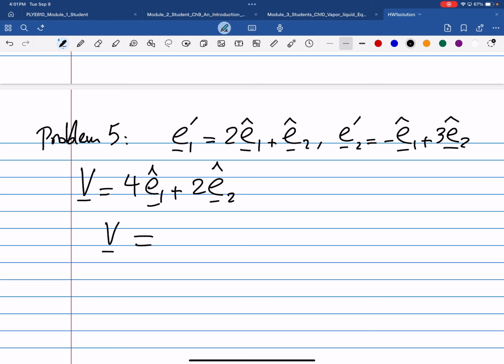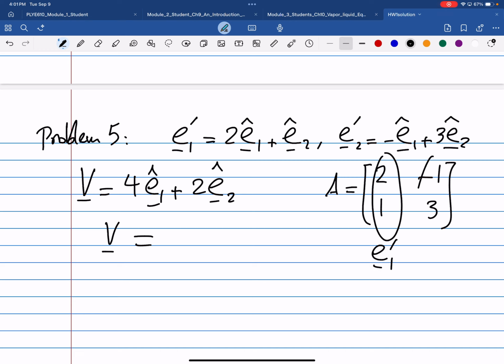Okay, all right. So you make a matrix: 2, 1, minus 1, 3. So this is basically your e prime 1, and this is e prime 2. Then you multiply the inverse of this matrix by v. So v prime is going to be A prime inverse times v.